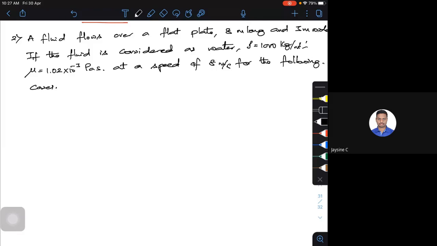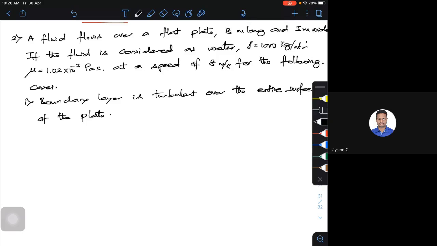First, the boundary layer is turbulent over the entire surface of the plate. This is the first condition.